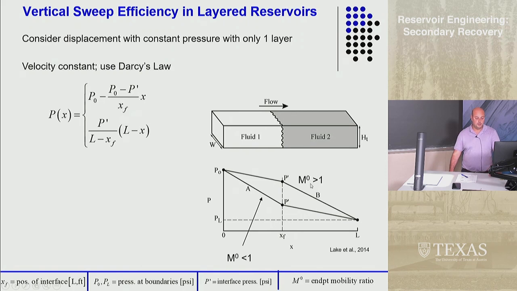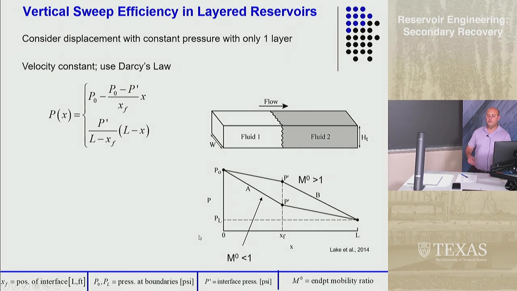That is the mobility ratio. So if fluid 1 is less viscous than fluid 2, the slope is going to be higher here than it is over here. Okay, it's going to have less resistance there than over there.